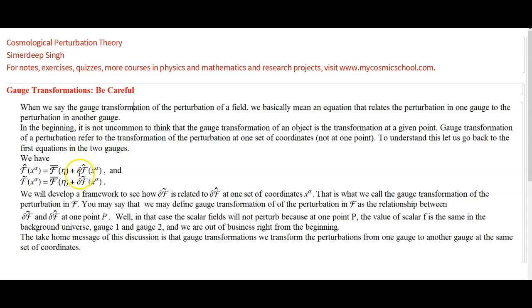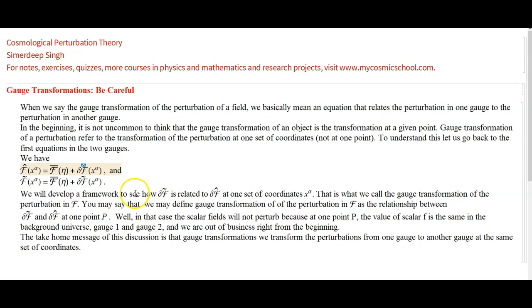That means if I have delta F caret in one gauge, in gauge 1, and delta F tilde in gauge 2, I want to find a relationship between delta F tilde and delta F caret. That by going from gauge 1 to gauge 2, how delta F tilde is related to delta F caret.